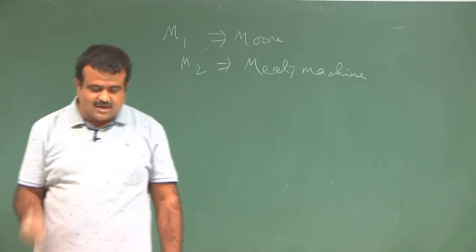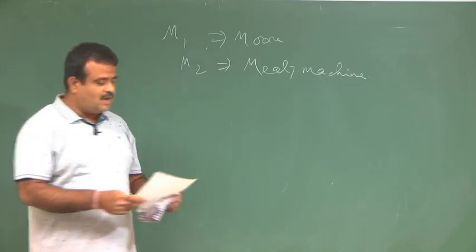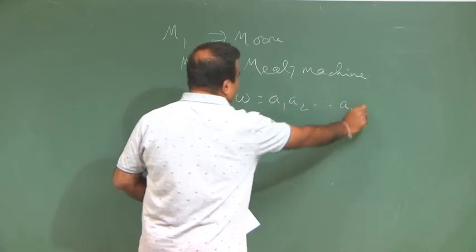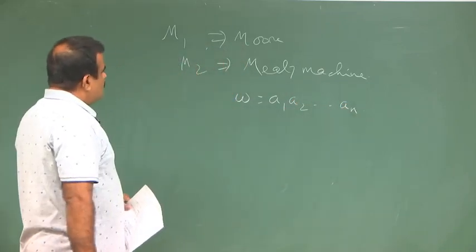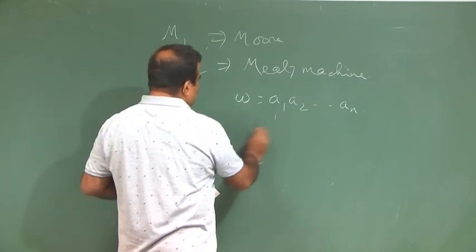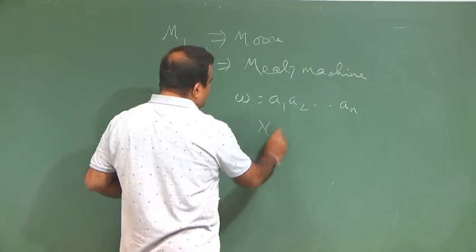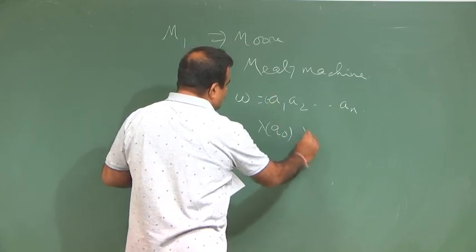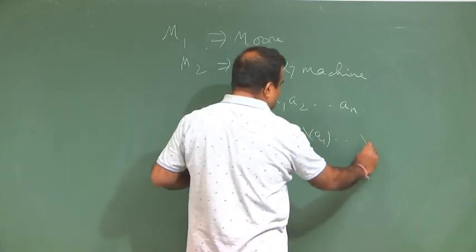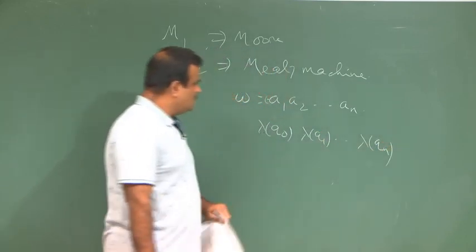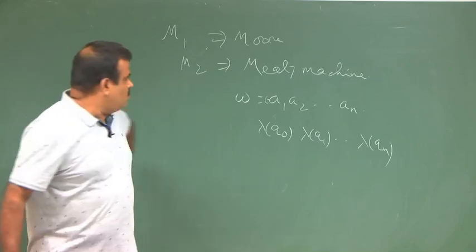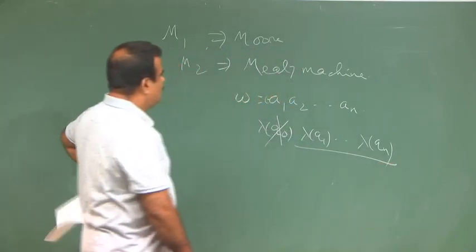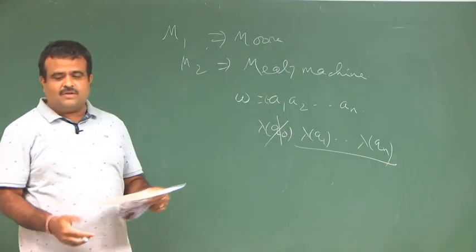To see this we have to ignore the first output, because if we have a W which is, say, A1 to An, then for the Moore machine we have lambda of q0 for epsilon, then lambda of q1, the states it is visiting, up to lambda of qn. So, here we just omit the first one and then it will be of length n, and the Mealy machine output is of length n. That way we can verify.